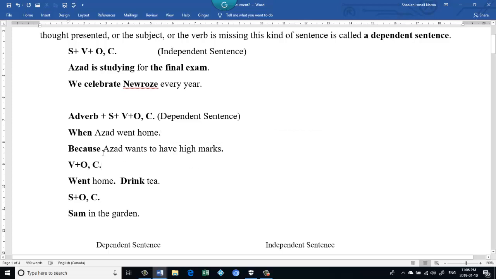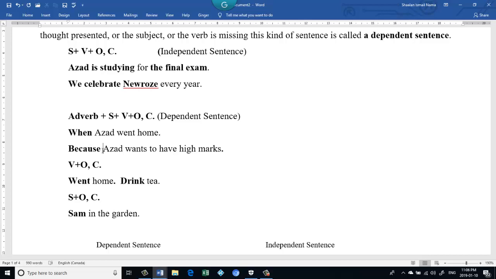Let's look at the second sentence. We also call this a dependent sentence. The reason is that I have something in front of Azad which makes the sentence not independent, it cannot stand alone: because Azad wants to have high marks. Why does he want that?